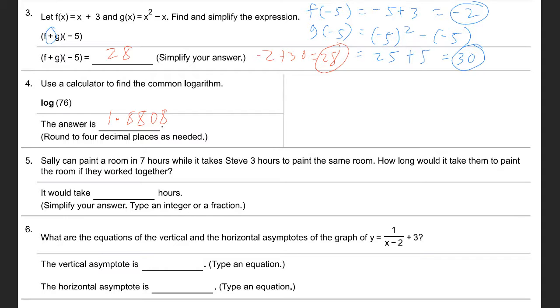So we can let the variable x be equal to the number of hours they work together, or the time they work together.